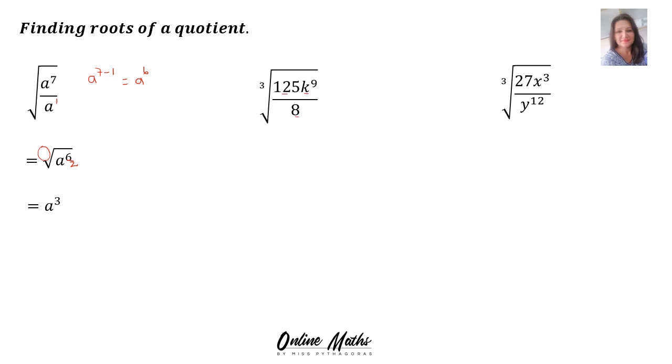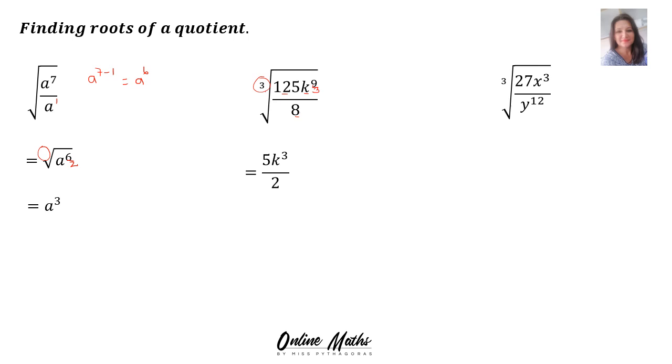So you will simply say the cube root of 125 is 5. The cube root of k to the 9, you will take the 3 and divide the 9 by 3 on the exponent, so it becomes k to the 3. And then under the line, the denominator, you simply say the cube root of 8 is just 2.